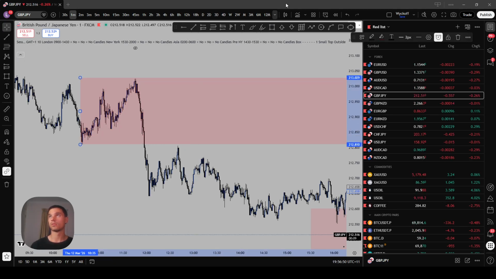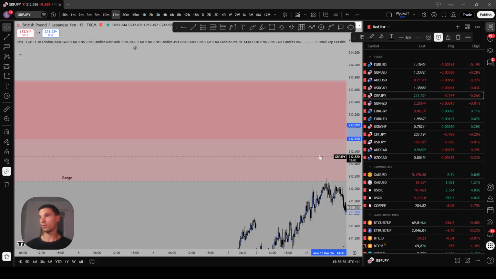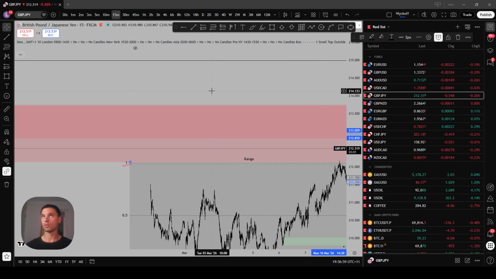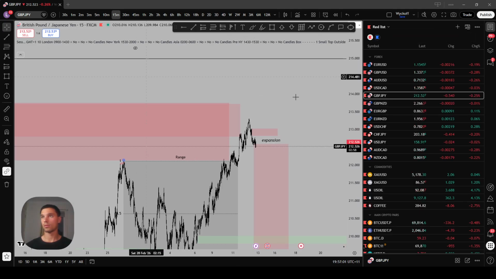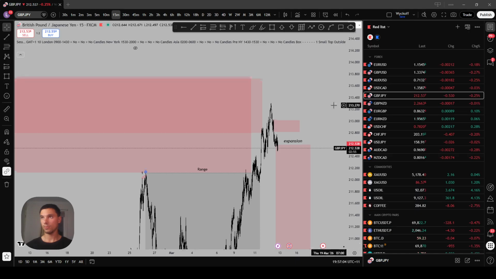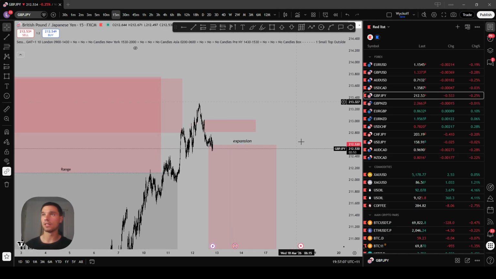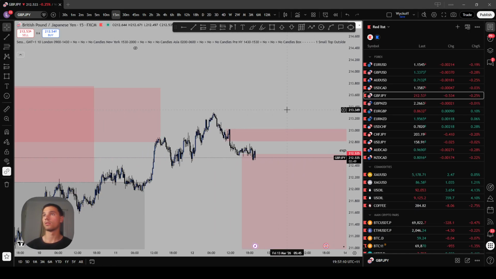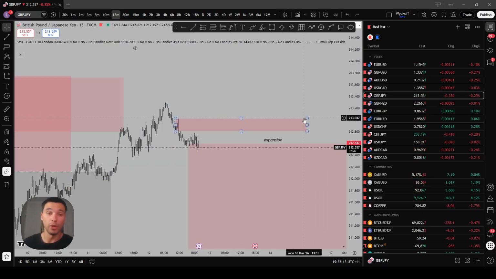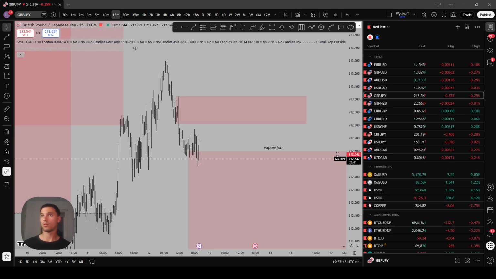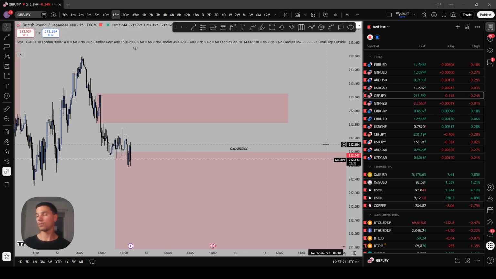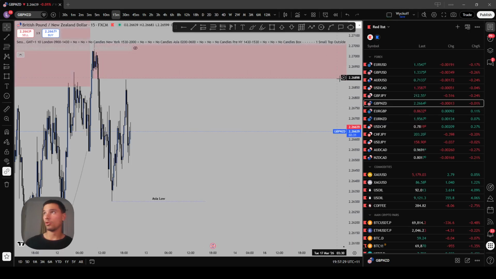Decent. If we're lucky, we might get a retest of this supply area. We'll wait and see what happens. Yeah, nothing more to be done here, GBP JPY. Moving on.